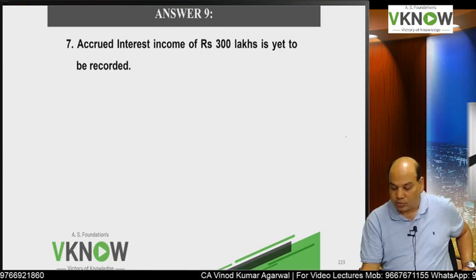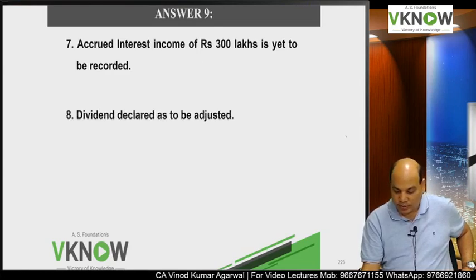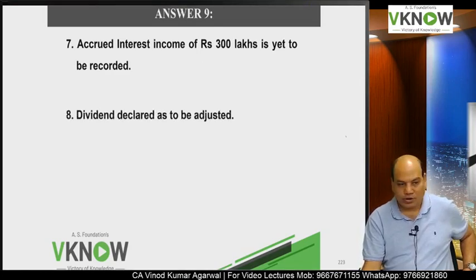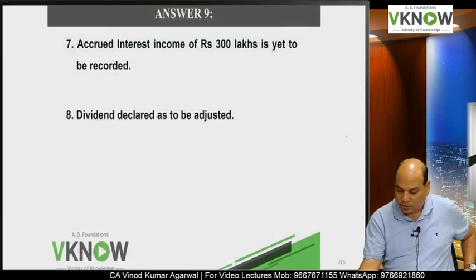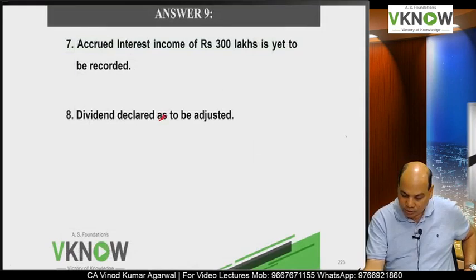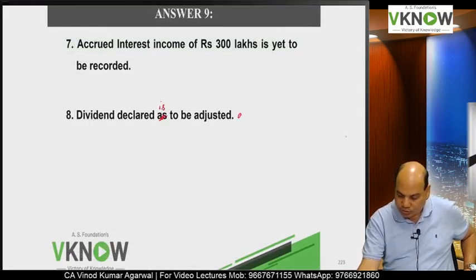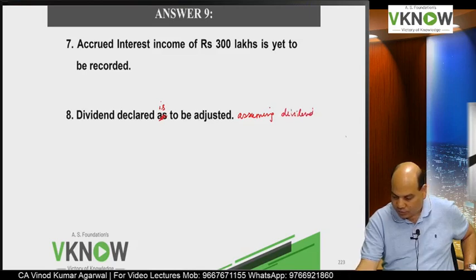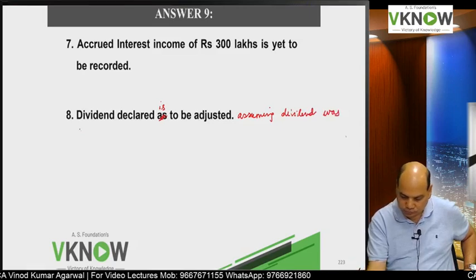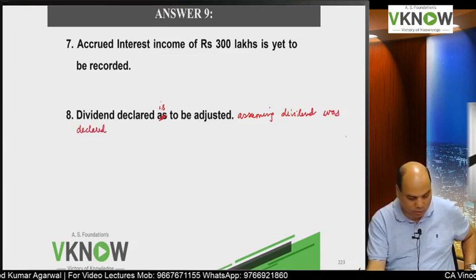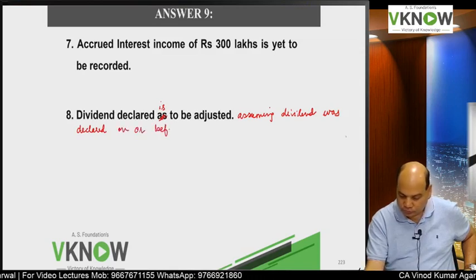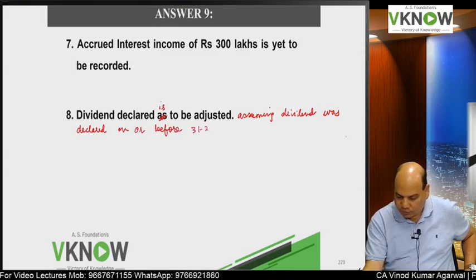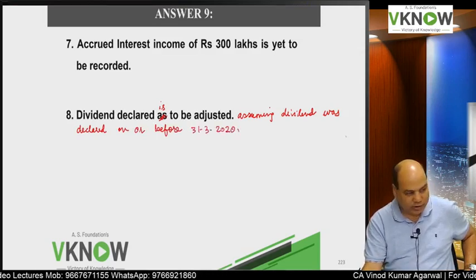Then accrued interest income of 300 lakh is not yet recorded. It needs to be recorded. Dividend declared is to be adjusted, assuming the dividend was declared on or before 31st March 2020.